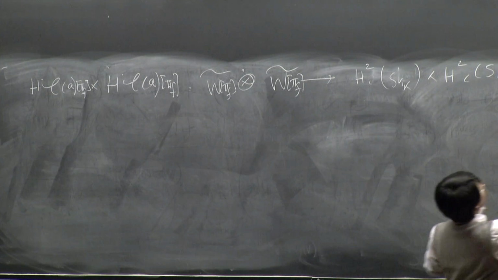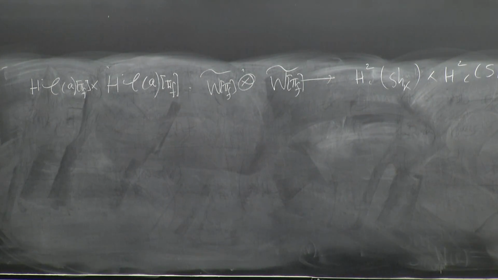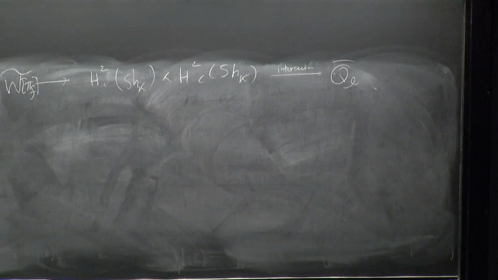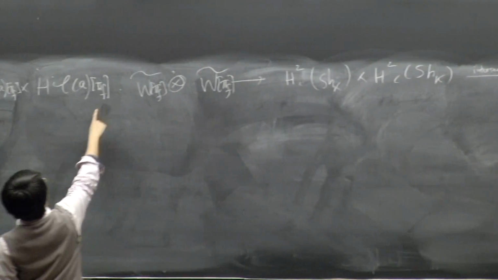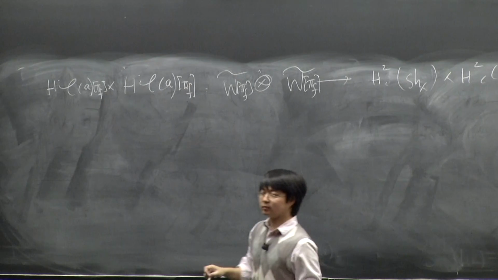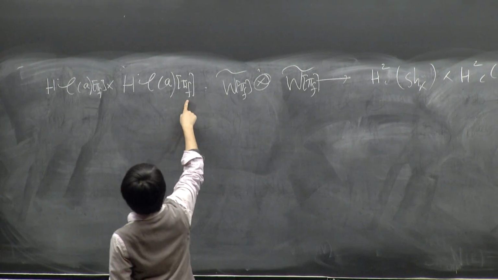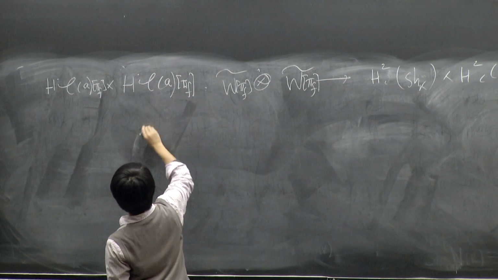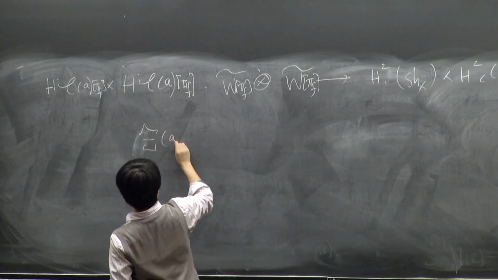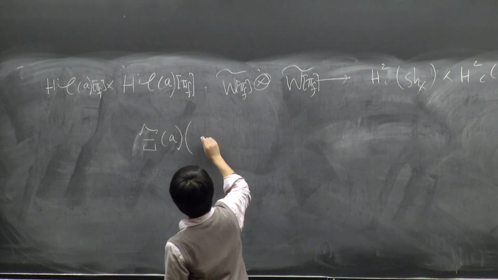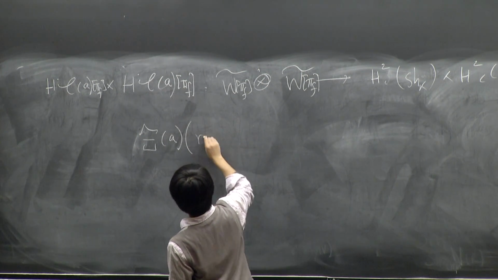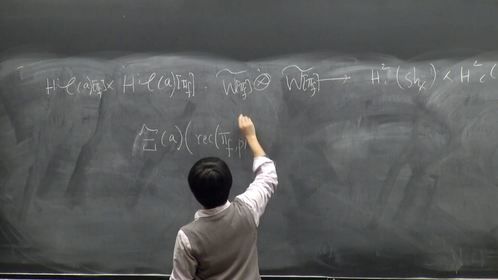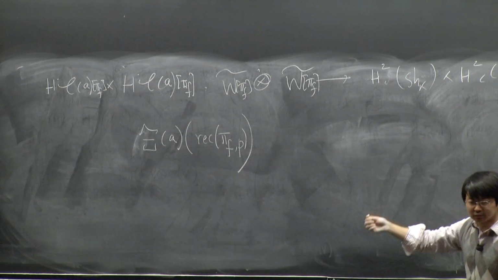So I get something over Q_l. So now I can really calculate the intersection pairing, and the intersection pairing is going to be given as follows. This form gives you a Satake parameter. So in particular, I have this psi A associated to the Satake parameter at p. So this is going to be an element in W.